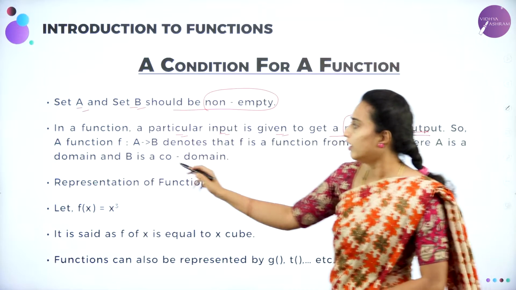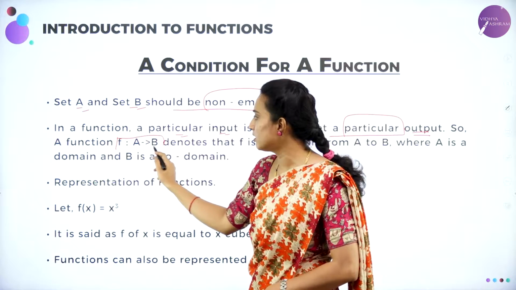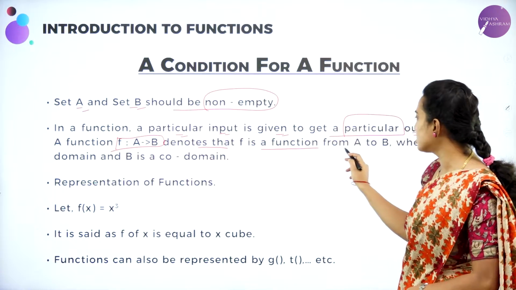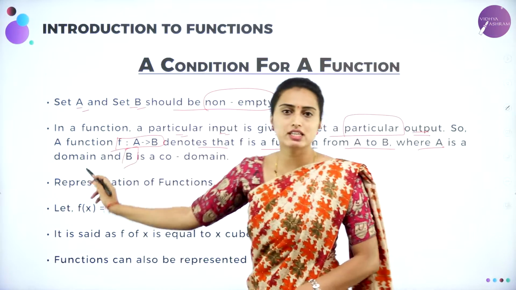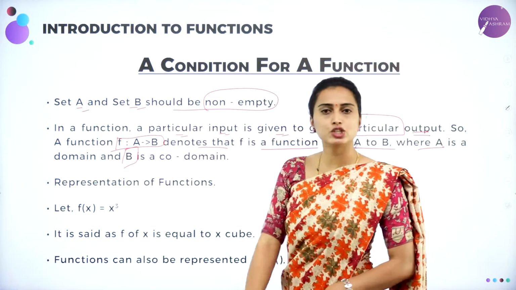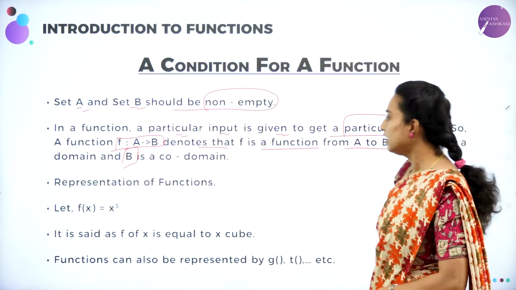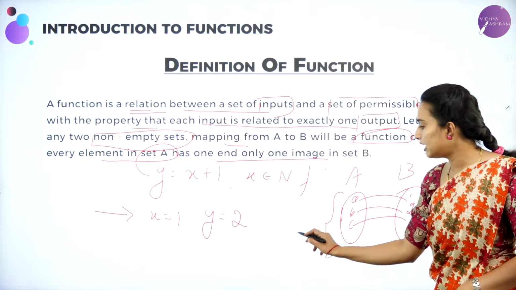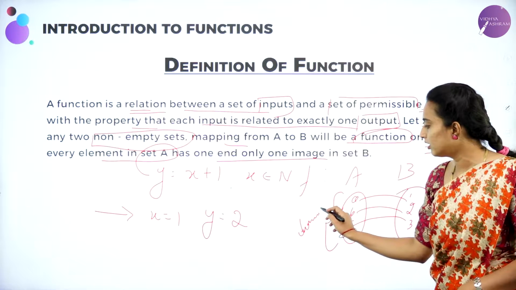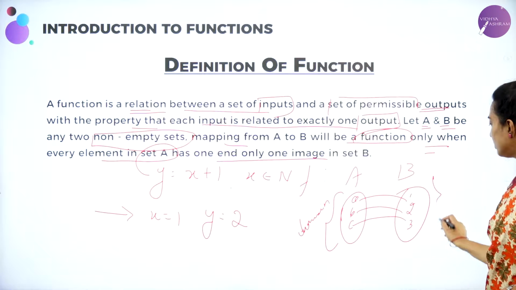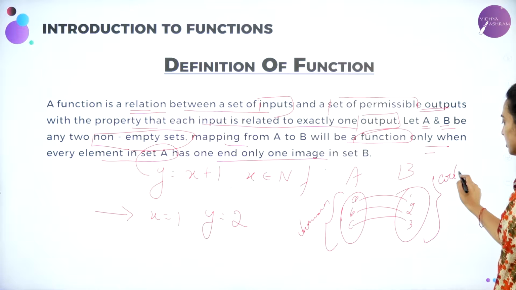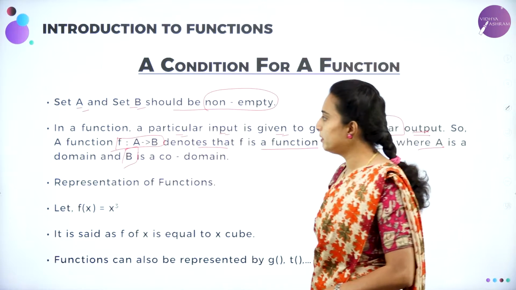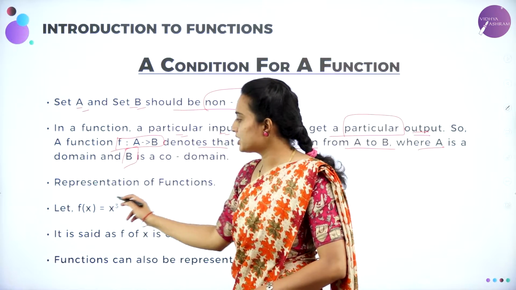So a function f from A to B, this is how we are going to denote it. f from A to B denotes that f is a function from A to B, where A is said to be the domain and B is said to be the codomain. Here I have taken an example. You can see this is going to be known as the domain set, okay, and this is going to be known as the codomain set. Understood?